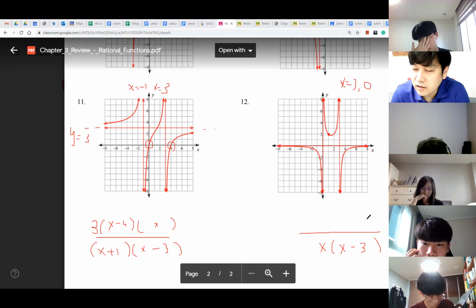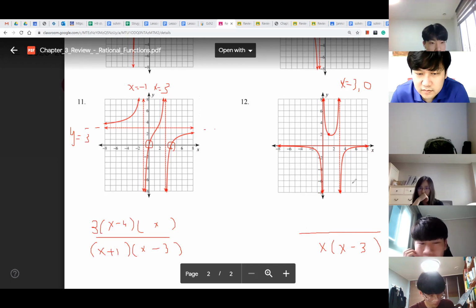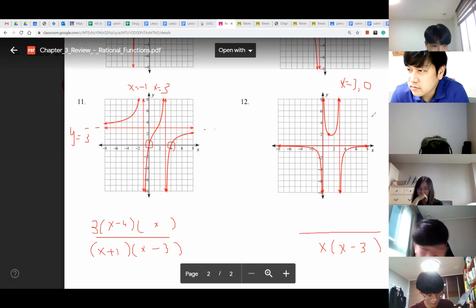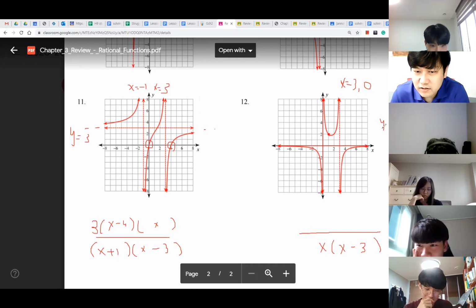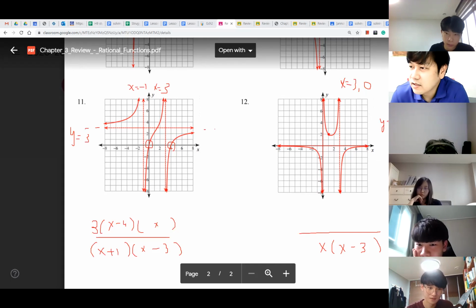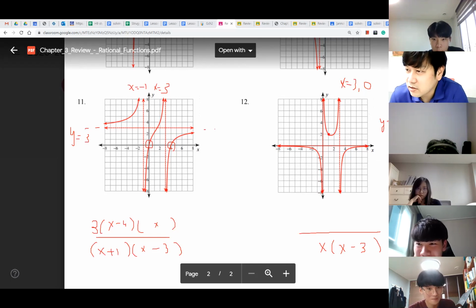Good. Let's go, Robert. Next hint. X-intercept? No, I'll go vertical asymptote. The vertical asymptote is right here, just now. Yeah, horizontal asymptote. Where is the horizontal asymptote? 0. What is 0? y is 0. What does that mean? No answer?